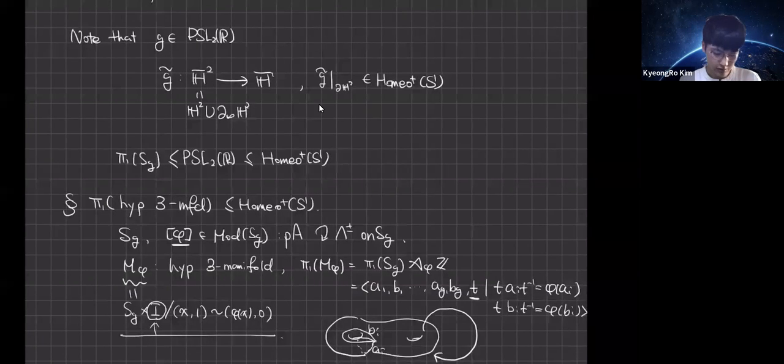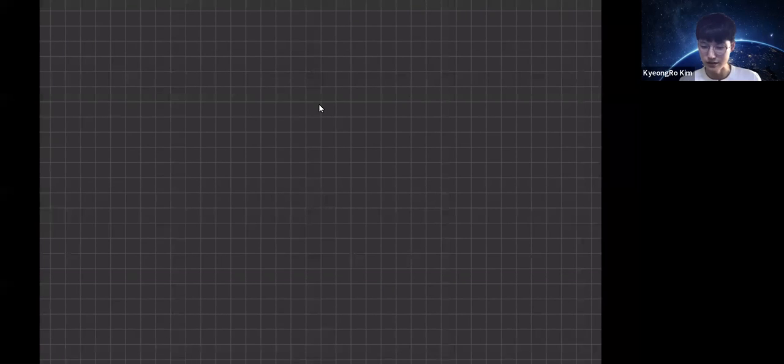Then where is the circle action of this mapping torus? Again, here is our surface. The universal cover is the hyperbolic plane, and the deck transformations act on the hyperbolic plane.